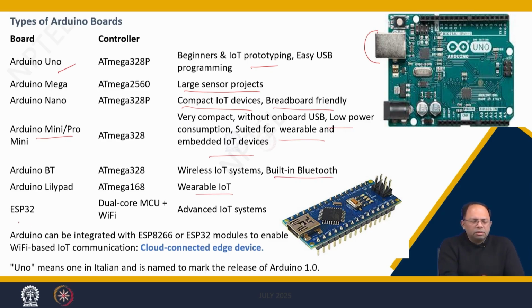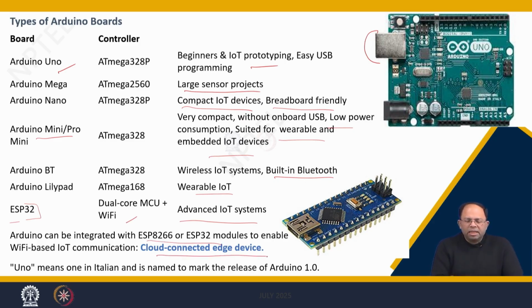And then there is also ESP32, which we can use. That means it's a dual-core MCU with Wi-Fi, where we can do much more. We can connect directly to the internet without adding anything. Arduino can also be integrated with such modules to enable Wi-Fi based IoT communication.